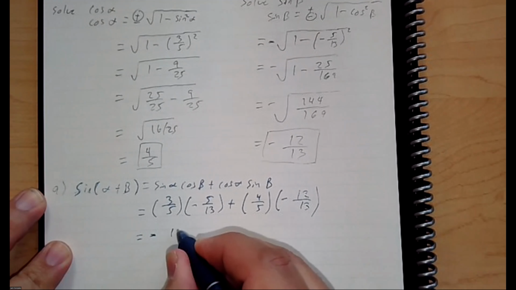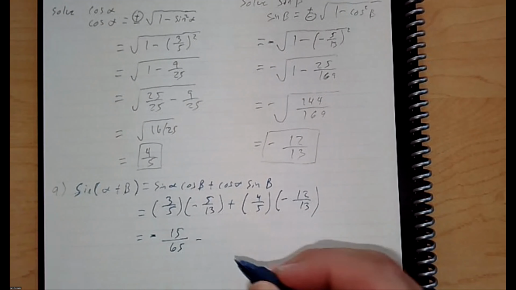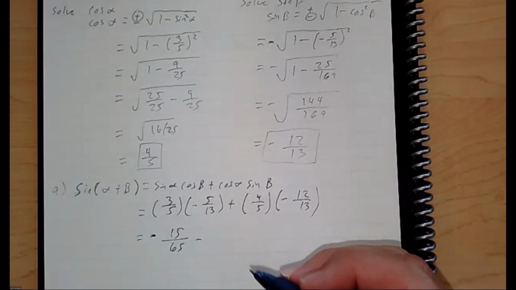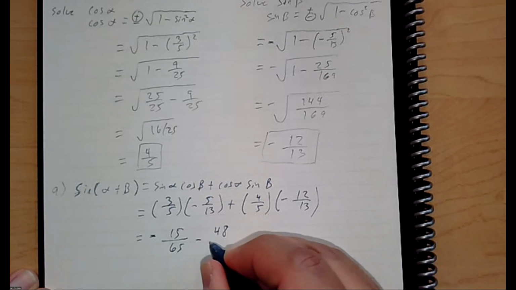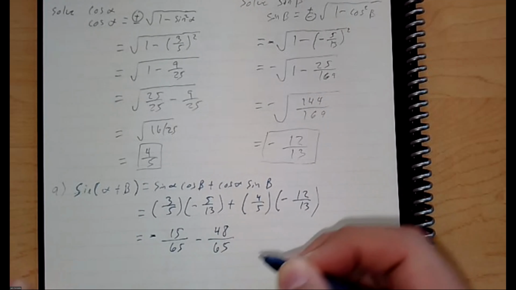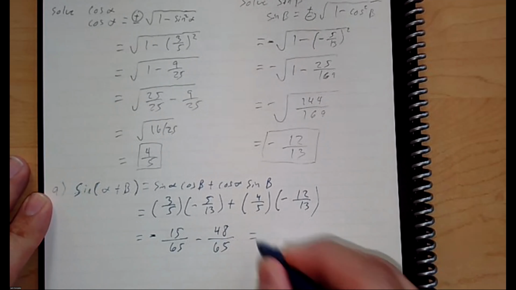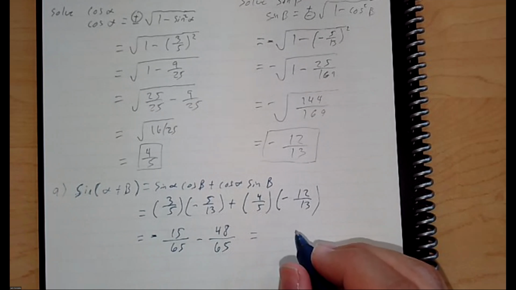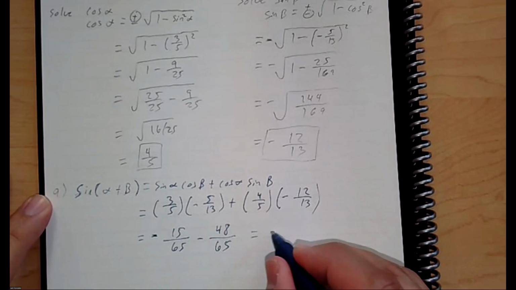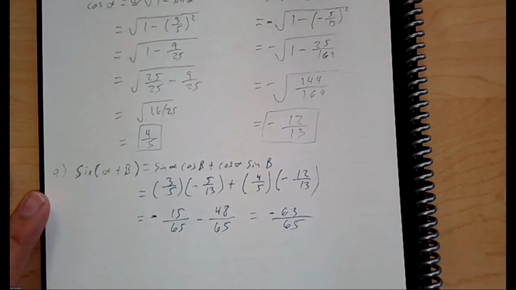So this will be -15/65 plus 48/65, 4 times 12. So -15 plus 48 gives 33, so 33/65.